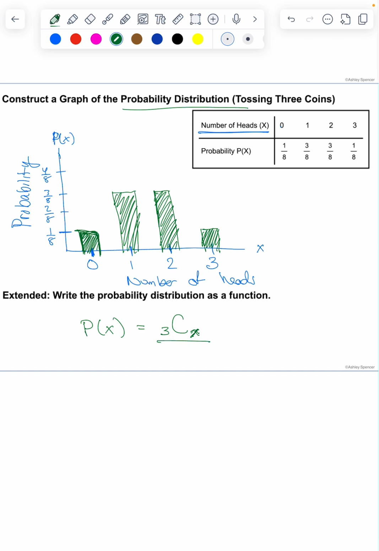And our sample space was out of 8. And X was equal to 0, 1, 2, 3. Okay, so this is extended, not needed to know, a nice to know for later. All right, that's it.